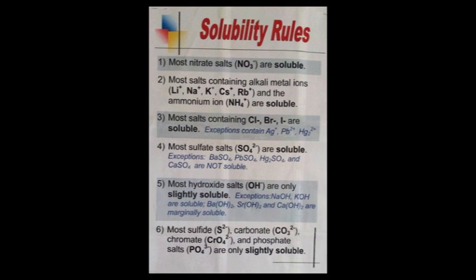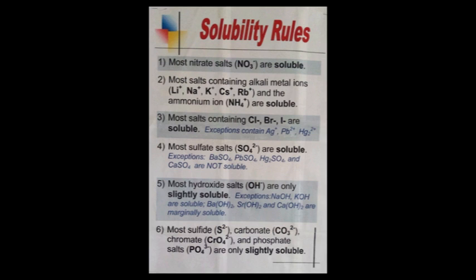All right, so most of the time you see chlorine, bromine, iodine, it will dissolve, but your exceptions are silver, lead, and mercury. Most sulfates, SO4, are also soluble. All right, they're also soluble, and again, there are some exceptions there. There's lead, mercury, magnesium, and calcium sulfate are not soluble.